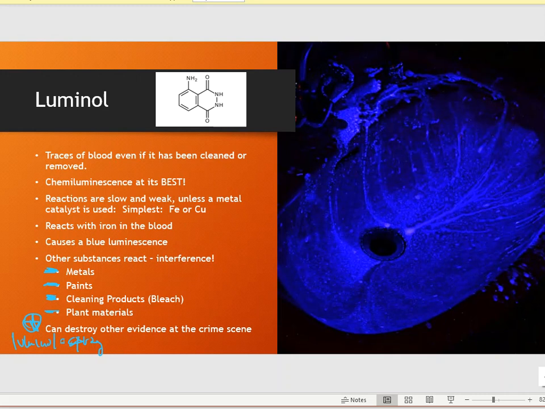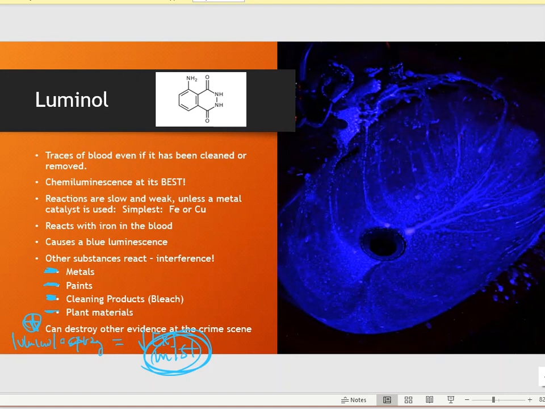If you get carried away, you can use too much luminol, and then before you know it, the entire sample area doesn't make any sense anymore. So luminol is very good in very low amounts, all right? You don't want to apply a lot of this. Because of that, we often say that you will mist the area with luminol, but you will not saturate it with luminol.